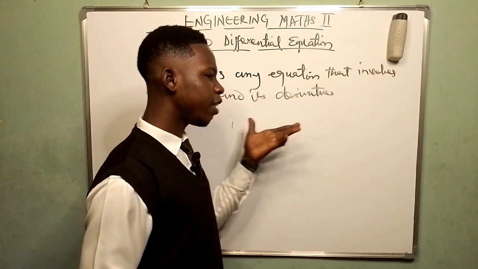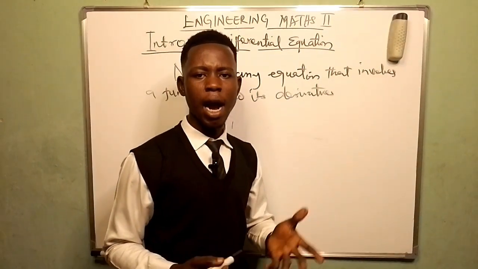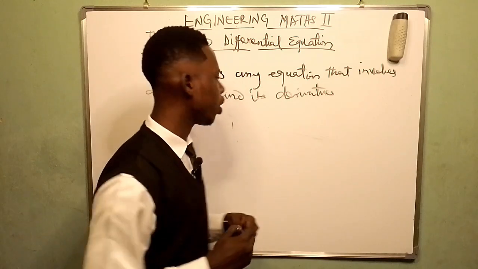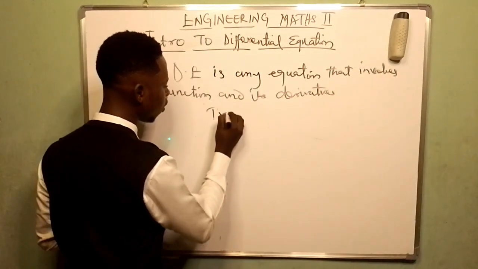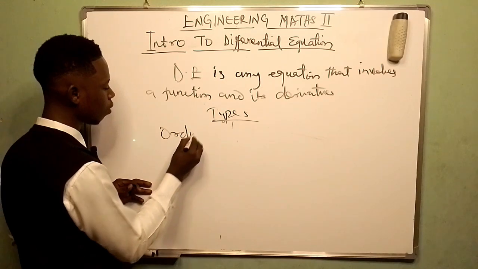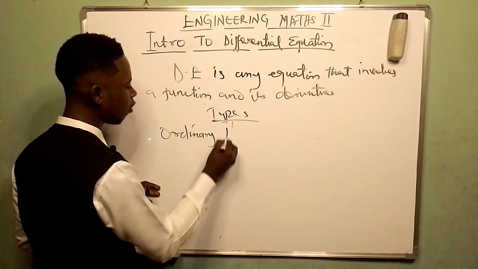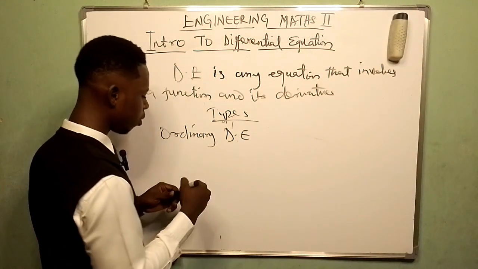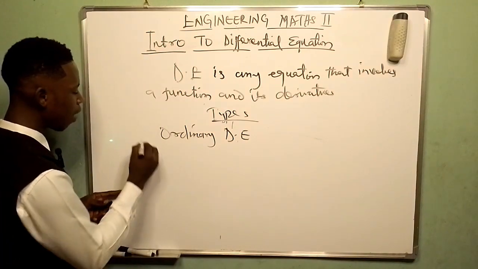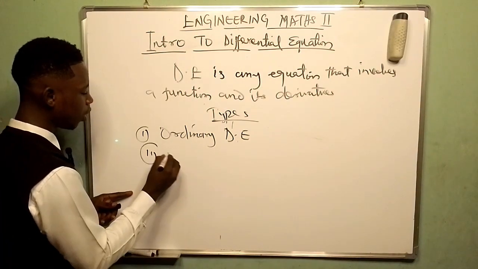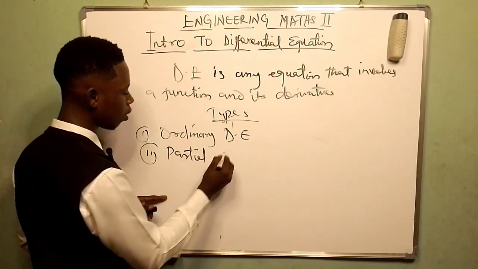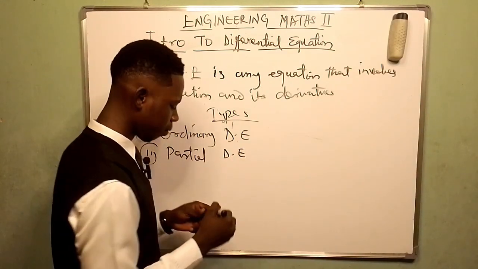The types of differential equation that we have are, we have the ordinary differential equation, I'll be using the shortcut DE. It means differential equation. And then we have the second one, which is the partial differential equation.